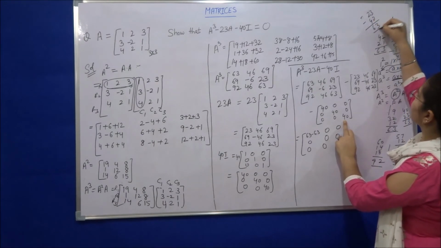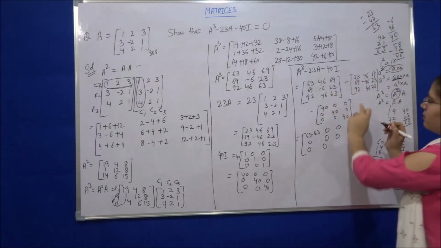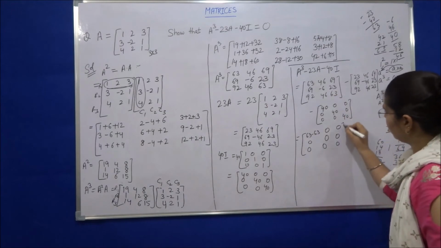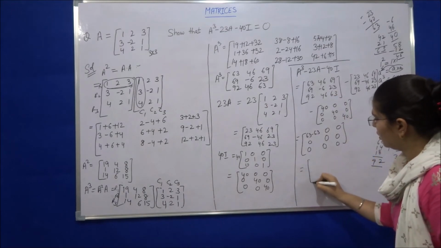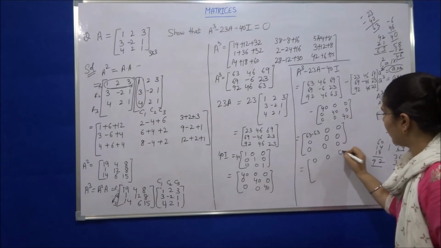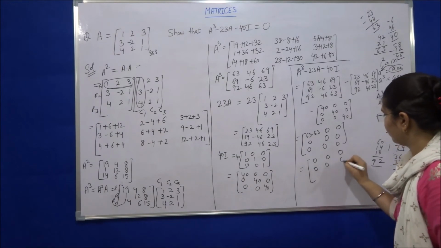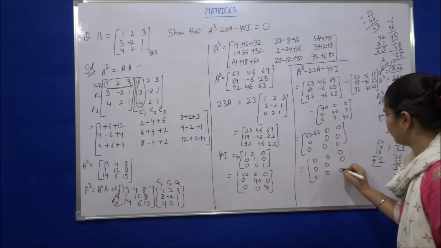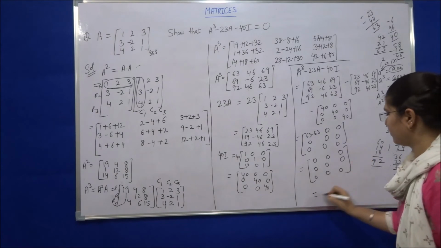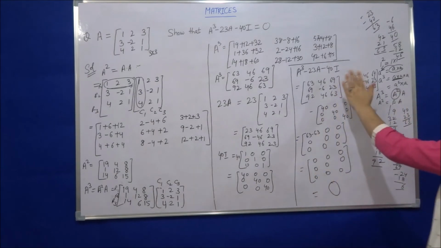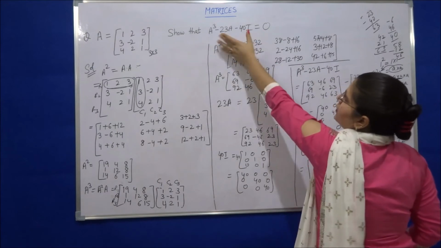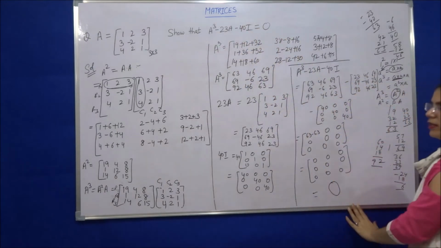So 63 again. So 63 minus 63, that will be 0. So it is a 0 matrix. So we have proved that left hand side is equal to right hand side.